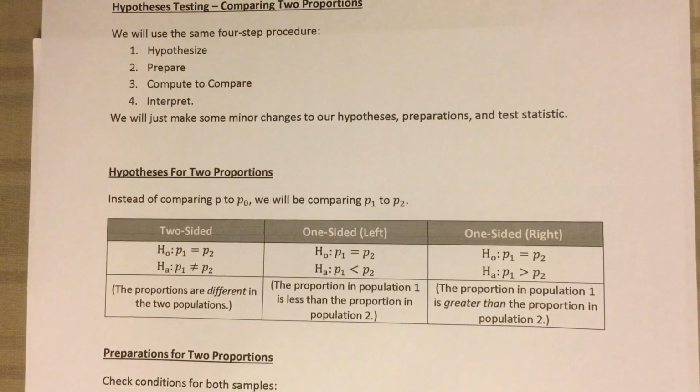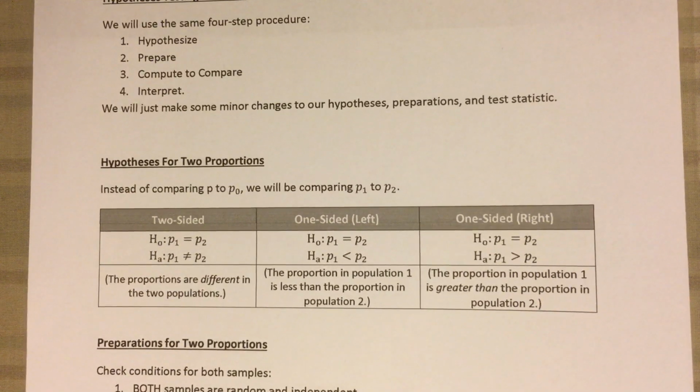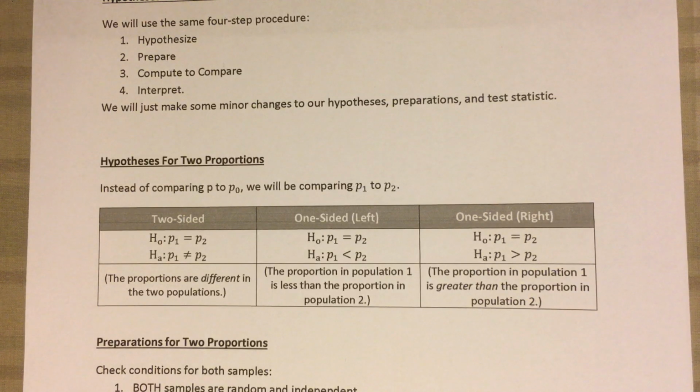For our hypotheses, instead of saying that our P is equal to a value, our null hypothesis is going to be that P1 equals P2. And this is going to be the same for all of our different possibilities for a test, one-sided or two-sided. Then for a two-sided test, our alternative hypothesis is going to be that P1 does not equal P2.